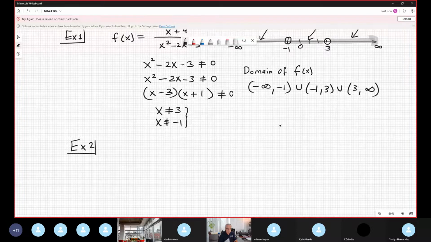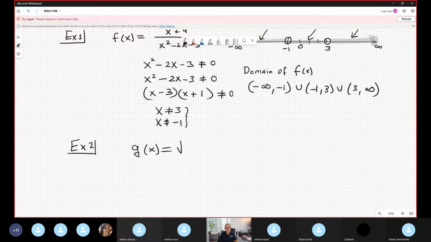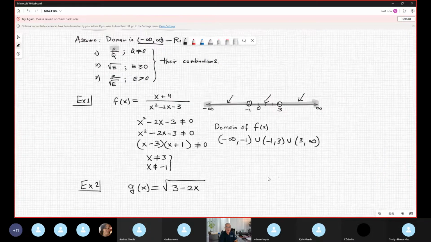Example 2 is a little bit different. It's a function also, let me call it g. And g is the square root of 3 minus 2x. Again, the same: determine its domain and express the answer in interval notation. Well, this looks similar to restriction number 2, the restriction that contains a square root, but in the numerator, not in the denominator.